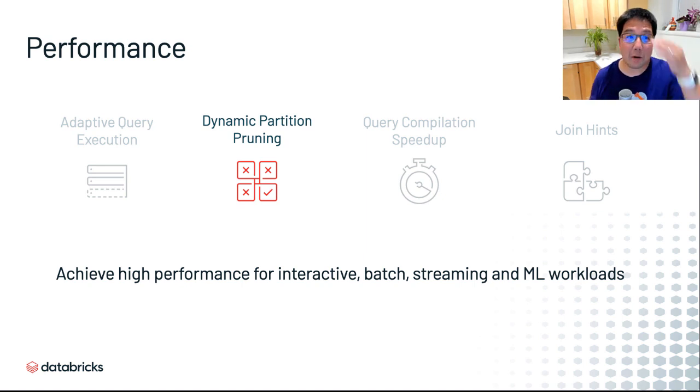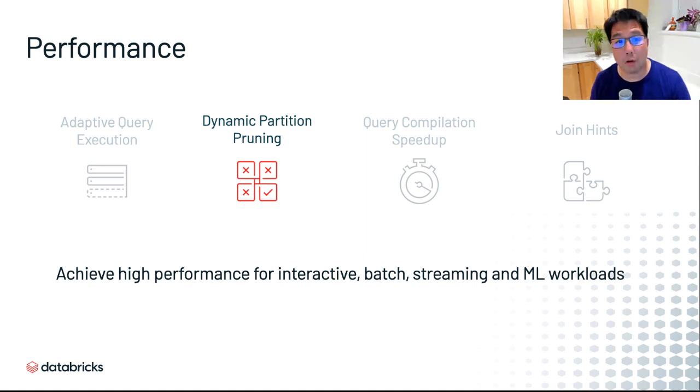So let's talk about the next performance feature that we want to highlight here, another runtime optimization rule, okay? Dynamic partition pruning. The key principle of dynamic partition pruning is to avoid scanning the entire partition by using the query results of other query fragments.